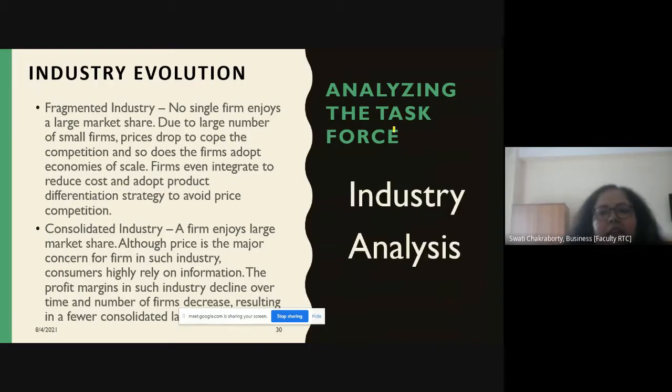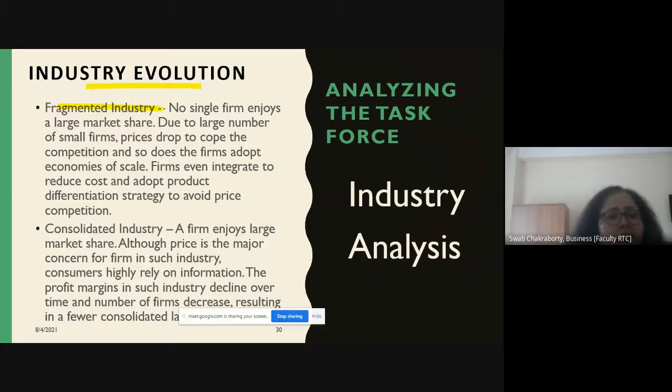Okay. Next is to analyze the industry analysis. Now, when we talk of industry analysis, how did industry evolve? First, it came with the fragmented industry. That's the first stage where no single firm enjoys a large market share. Because the firm size is very small, prices drop to tackle the competition, and so firms also start adopting economies of scale.